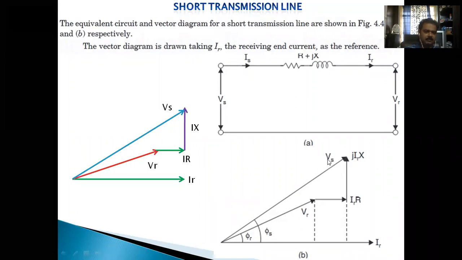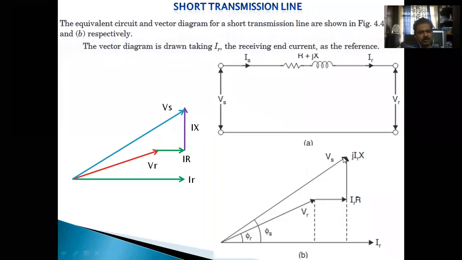That is the first equation: Vs cos phi s is equal to Vr cos phi r plus IR into R. Is it clear? Similarly, resolve on the y-axis.